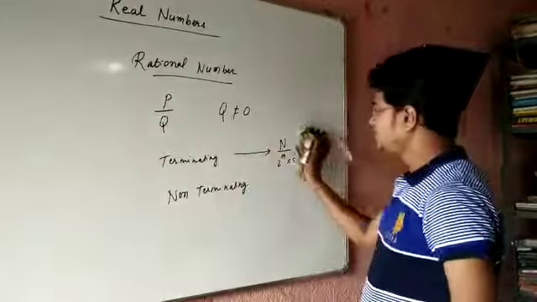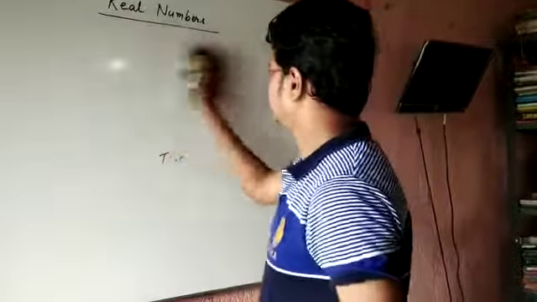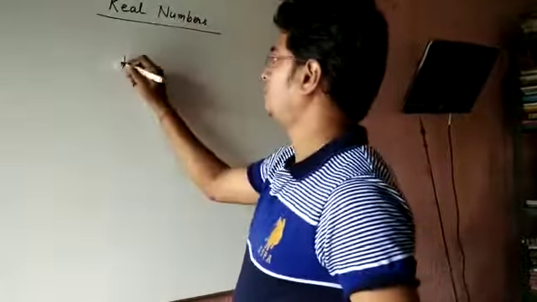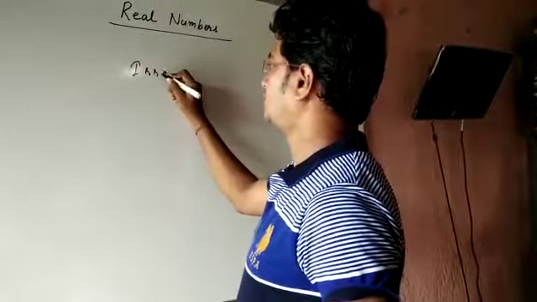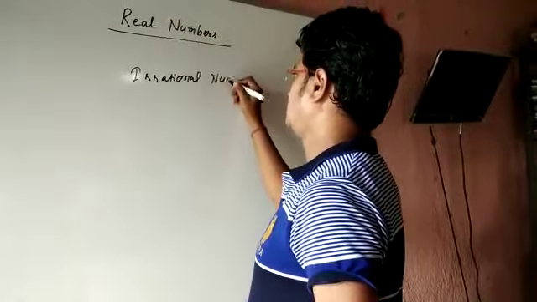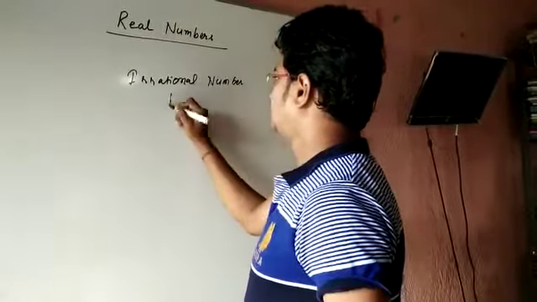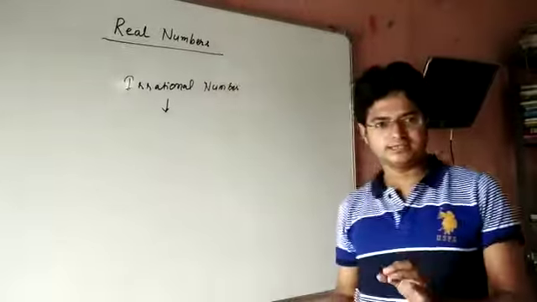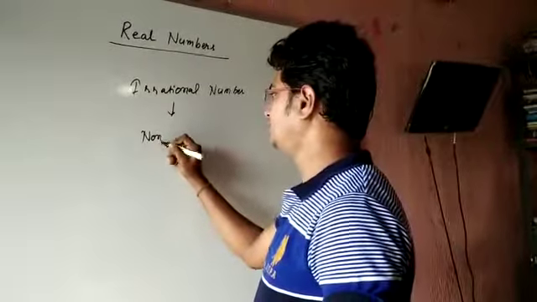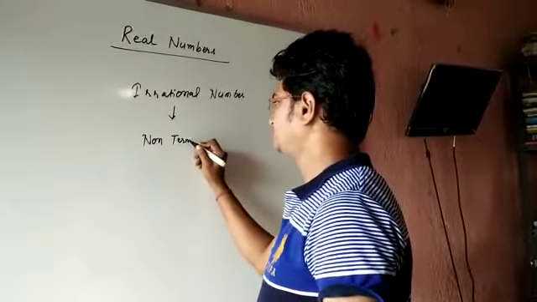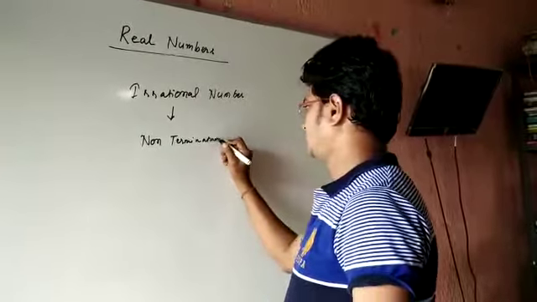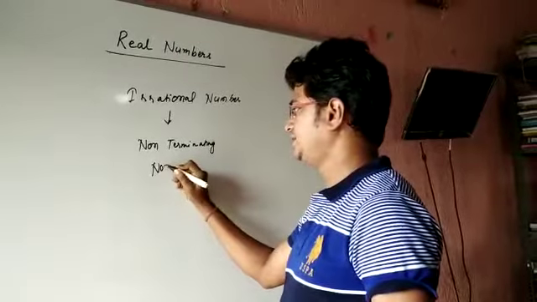Now irrational numbers. Irrational numbers also you have studied in standard 9. You should remember only this much: they are non-terminating, non-repeating.